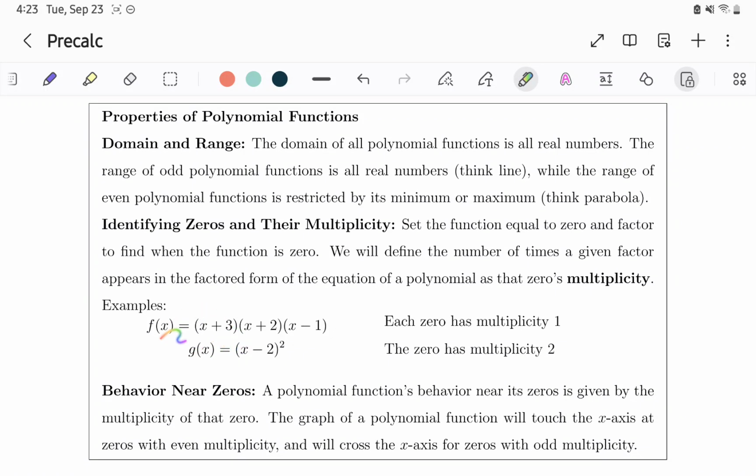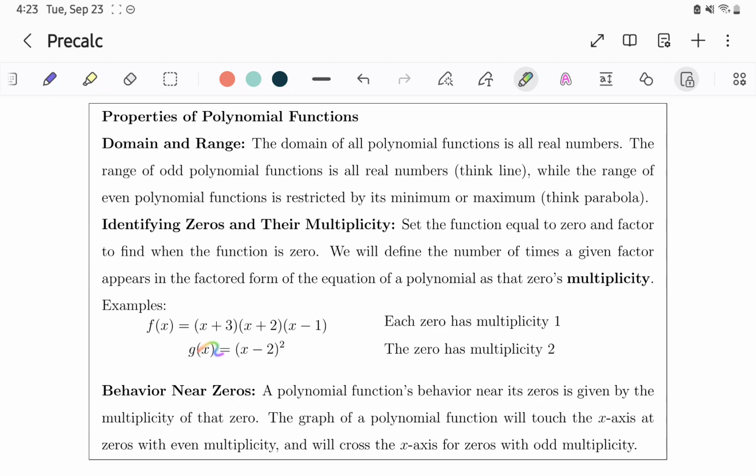So here are some examples of polynomial functions in factored form. We have f of x equals x plus 3 times x plus 2 times x minus 1. This is going to be a degree 3 polynomial function, and it has zeros of -3, -2, and +1, and each of these zeros has a multiplicity of 1.